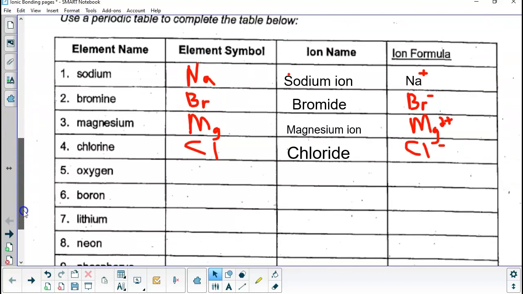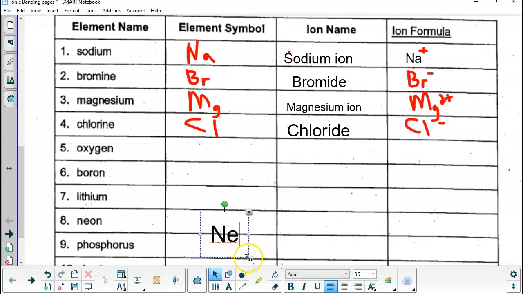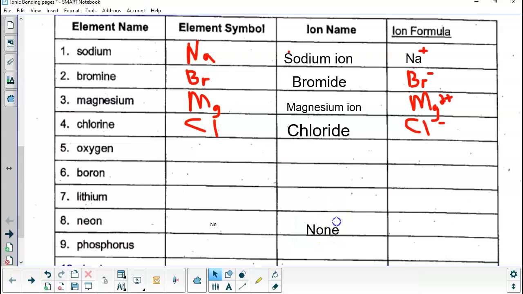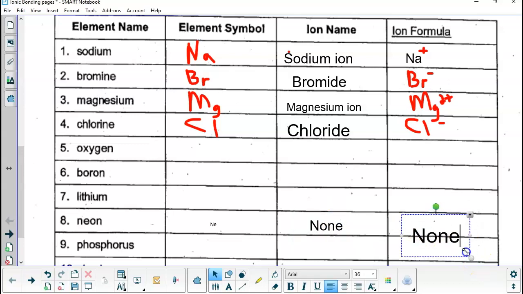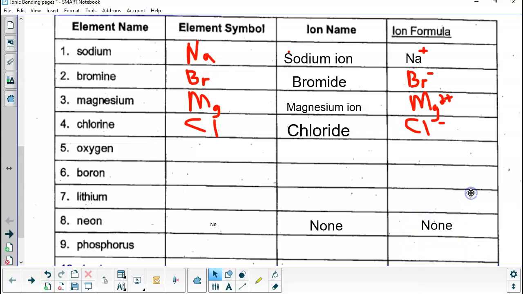So on your sheet, you might do something like, the symbol is Ne, but you might write none for the ion name, or write nothing or 0 or put an X there, because it doesn't do that. Okay, so don't be tricked if there's some of those group 18s that are already happy. Don't be fooled by those. They don't make ions, so make sure you label them that way.